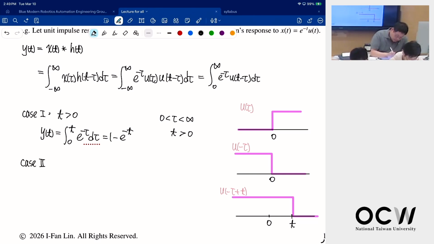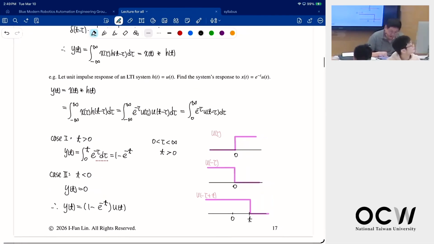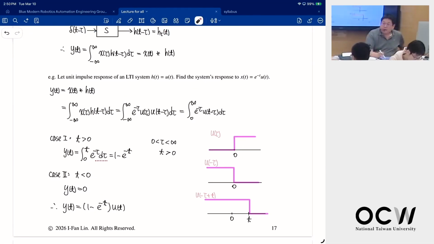And the other case, when t is less than 0, the output is 0. So overall, that is 1 minus e to the minus t. We can have a unit step function. You can observe this. My input is a unit step function, or a part of a unit step function times something. Okay? And then observe your output.